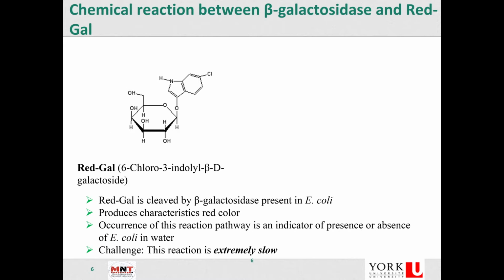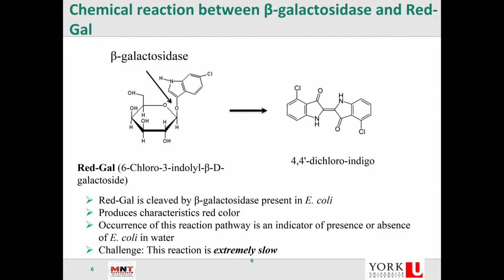so if I look at the reaction, how these molecules react, if there is a Red Gal, these are long chain molecules, you can see 6-chloro-3-indoxyl beta-galactoside, so it's a big chain. So when galactosidase, which is released from the E. coli cell, cleaves this big chain molecule, it produces an indigo, which is a red color.